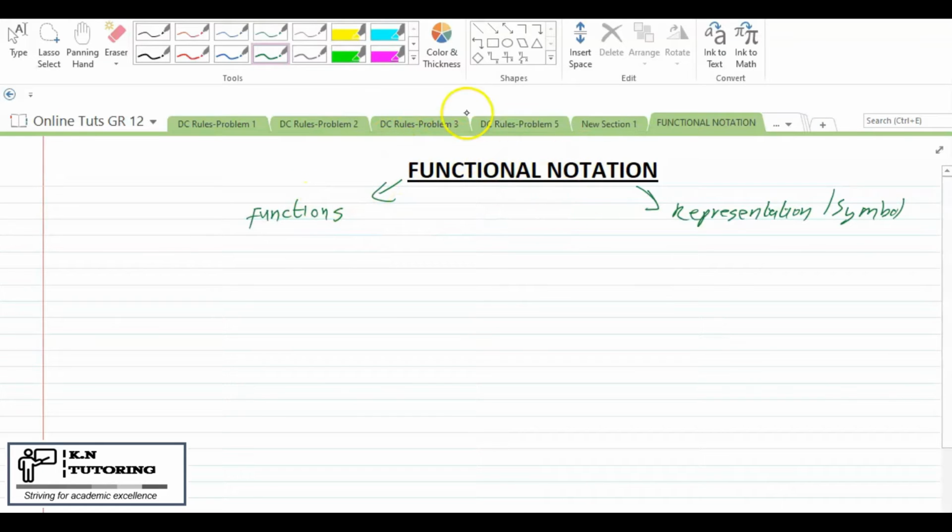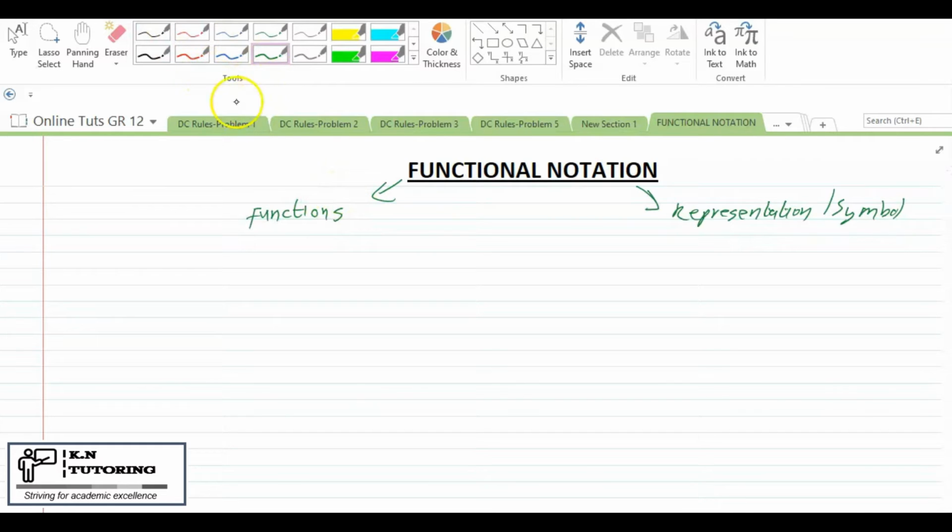If I may summarize, I believe you know what functions are and how to check if a graph is a function or not by looking at the vertical line test, by looking at whether it's a one-to-many function, a one-to-one function, and so on. Like I said, this is nothing new. We are just building on what we've already covered in the previous grades.